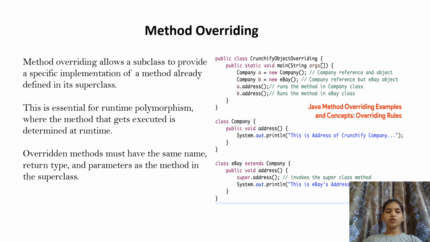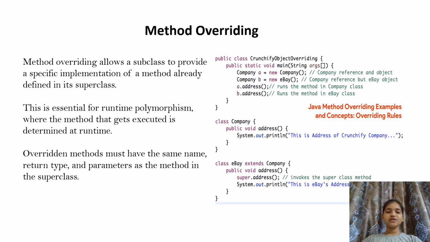The next topic is method overriding. Method overriding allows a subclass to provide a specific implementation of a method already defined in its superclass.